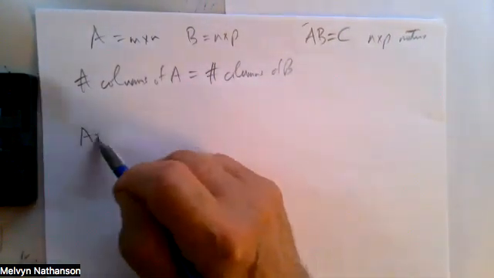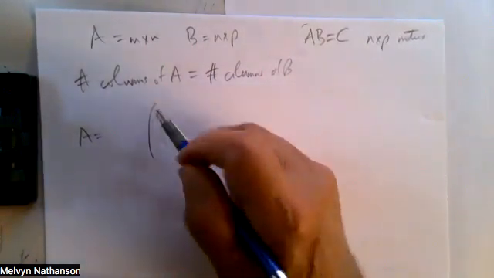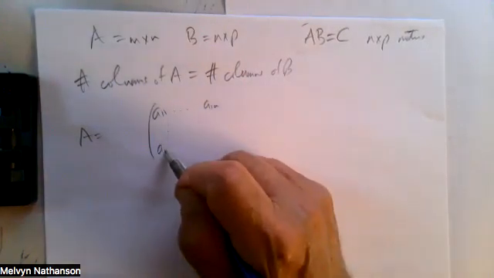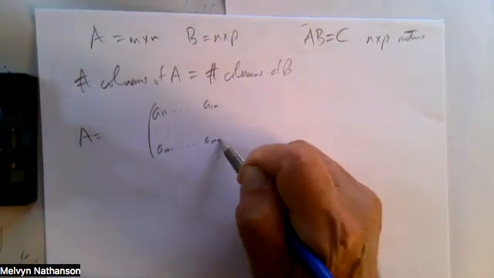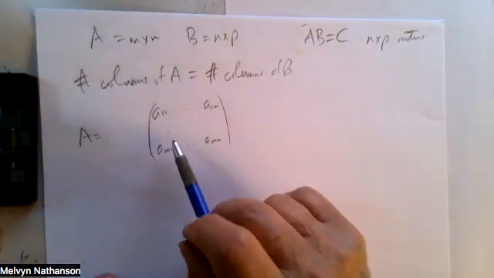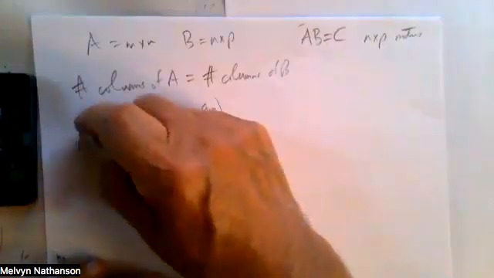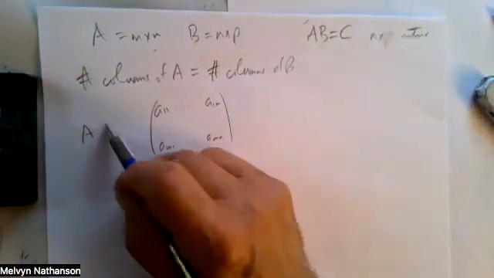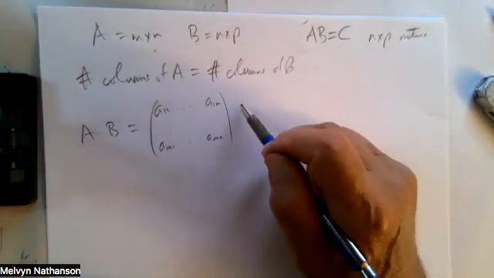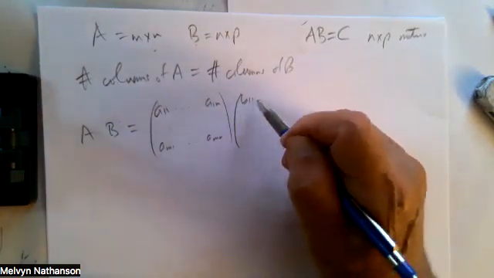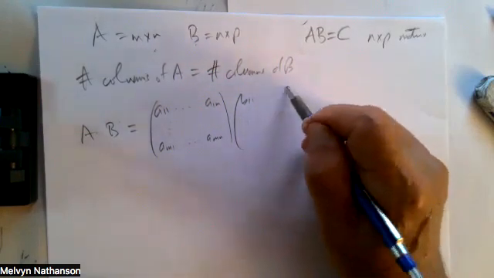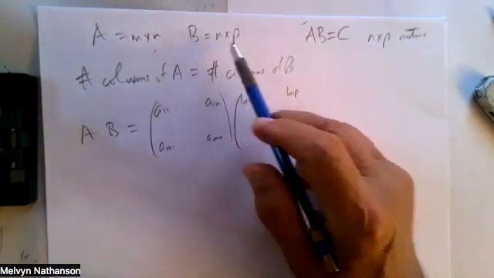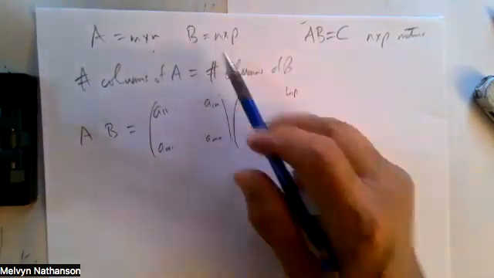So suppose A is the matrix A11 up to A1n, down to Am1 up to Amn. This is using the standard notation for the coordinates of a matrix. And A times B, let's say B is the matrix B11 to B1p, because the matrix B has p columns and it has n rows.